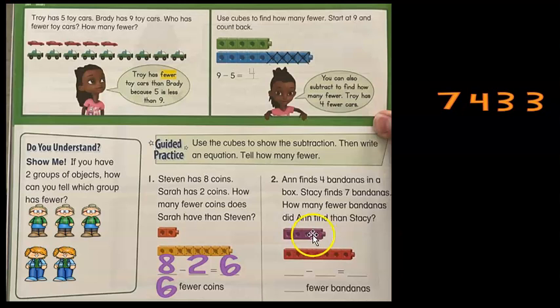Is it Anne or Stacy? Which one has more bananas? Stacy, because look, there are more red cubes here. You can tell because this one is longer than the purple one. You see that? Now, the question is, how many fewer bananas did Anne find than Stacy?